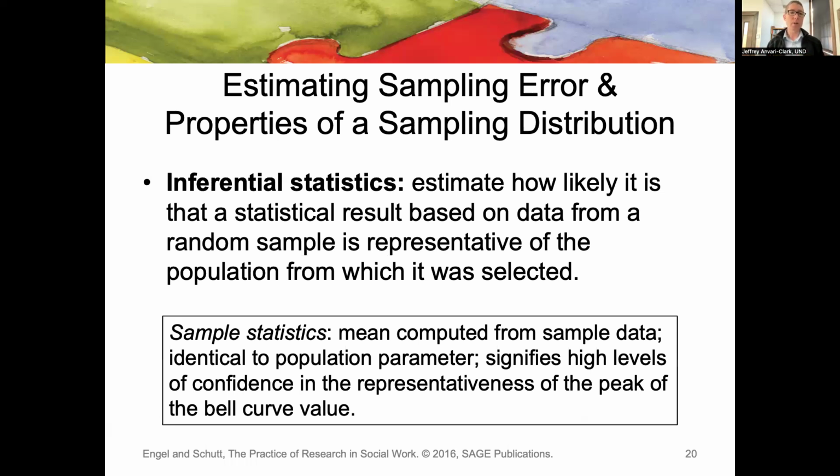This would be the sample statistic. If we are looking at the bell curve, not the outliers but the one in the middle where it's highest, that would be the most representative of the overall population.